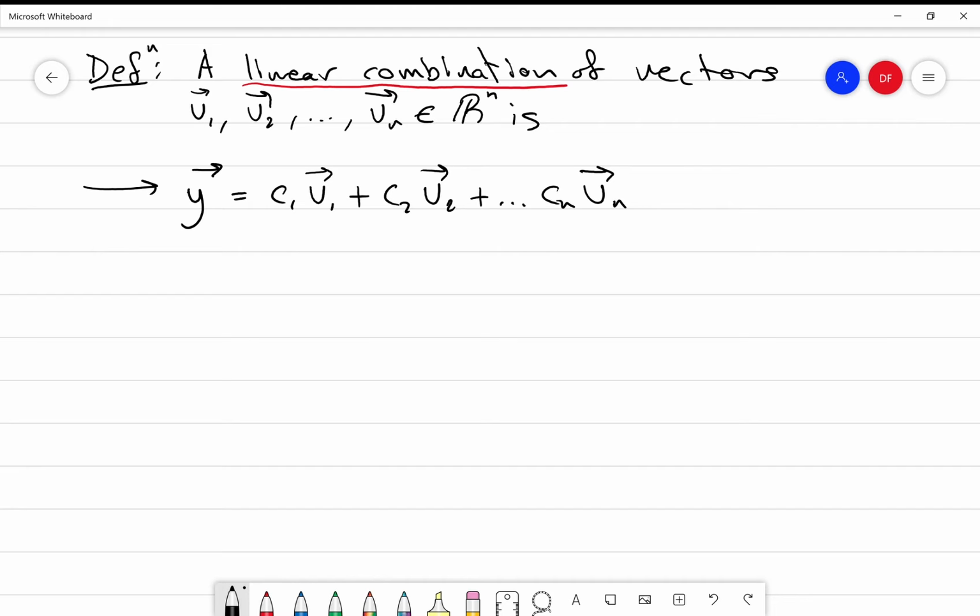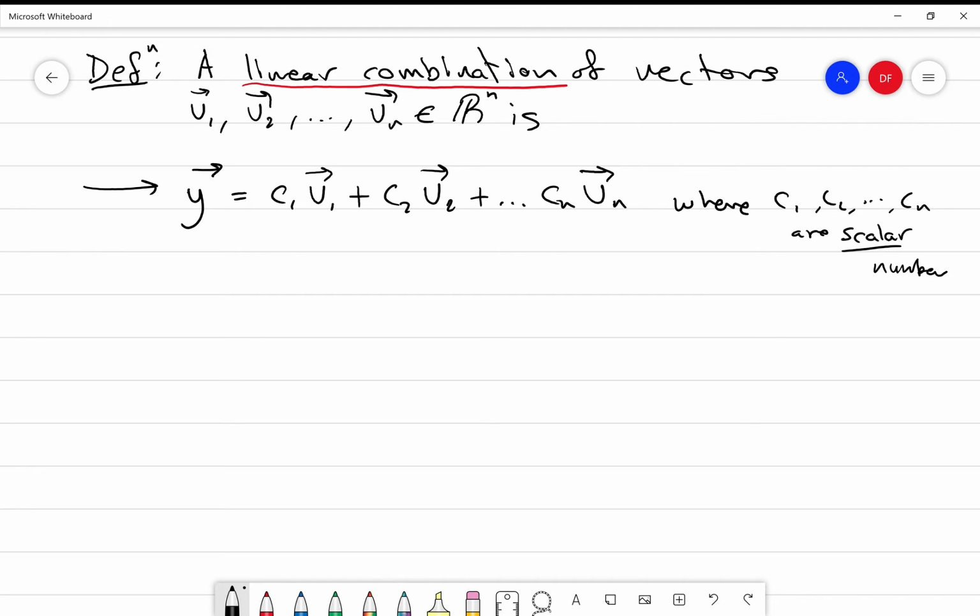This is the linear combination of vectors v sub 1 to v sub n, where c1, c2, ..., cn are scalars. Scalar means they're a number. They're not a vector, okay?